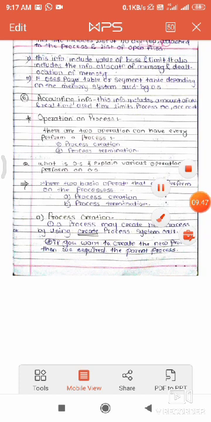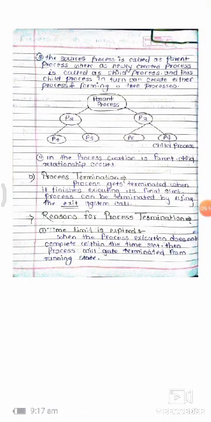In the next slide, the source process is also called the parent process, whereas the newly created process is also called the child process. That means whoever is the source is called the parent, and whoever is the newly created process is called a child process. This child process in turn can create another process.